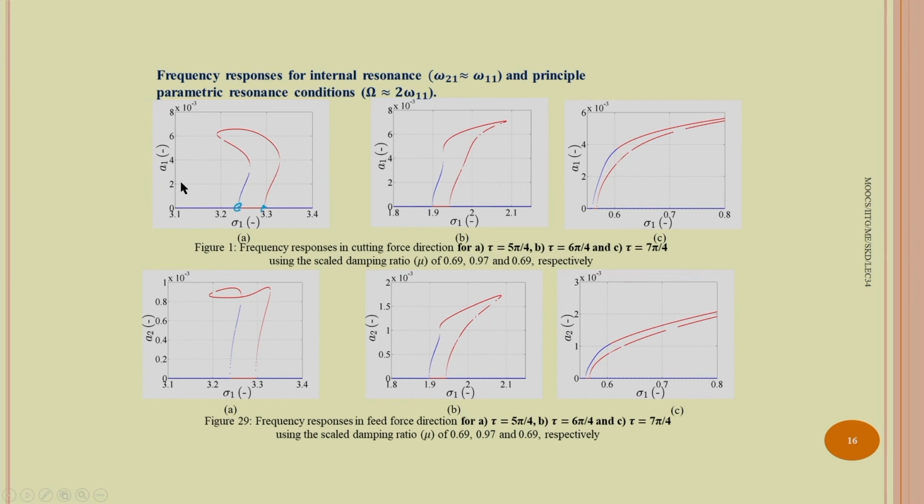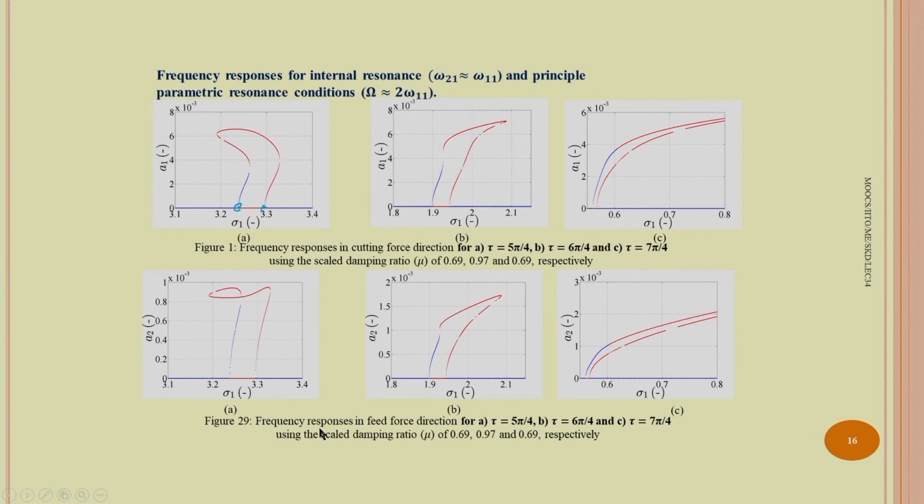From this A1 one can see what the response will be. Similarly, for A2, A1, for different values of tau it has been plotted. In the first case tau equal to 5 pi by 4, second case 6 pi by 4 and third case 7 pi by 4.